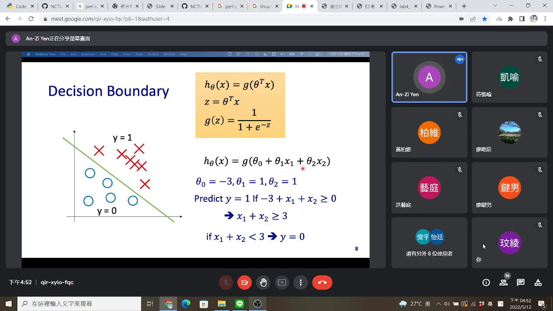Okay, so the decision boundary, and the region where we predict y equals 1 or y equals 0, is a property of these hypotheses, not the data set.